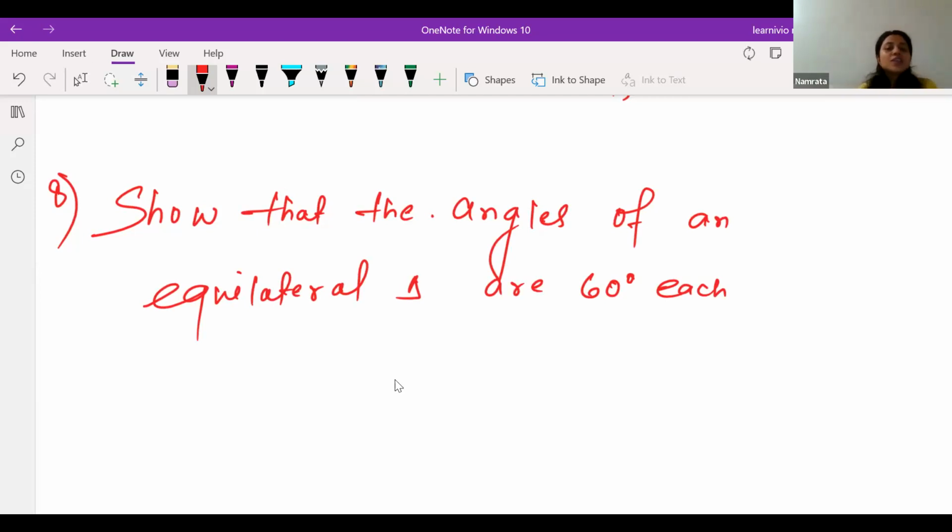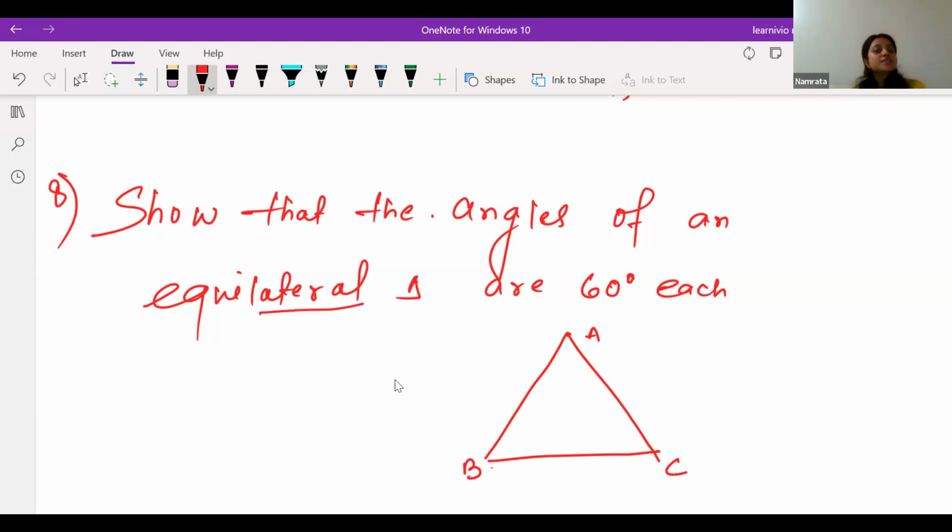Okay, so let's say we are taking a triangle ABC. Now, since it's an equilateral triangle, all the lateral will be equal. Lateral means sides. How we will approach this question, let me write it in detail.